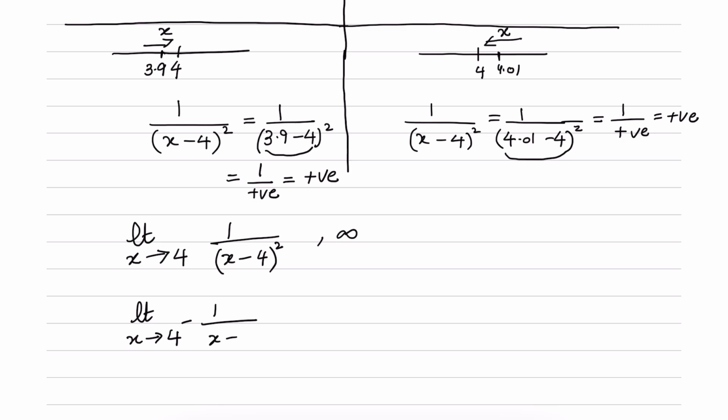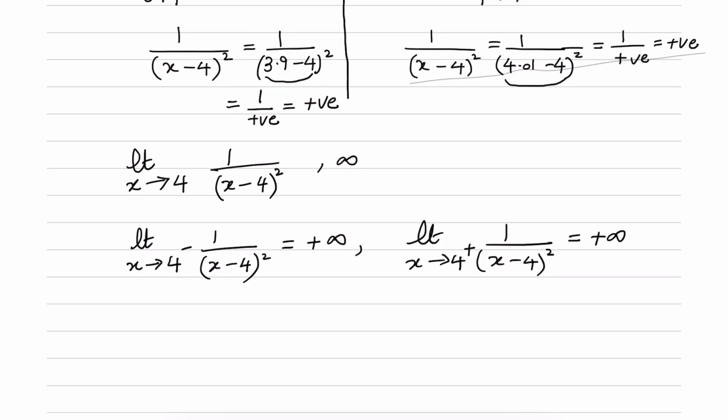When we found the left hand limit, in this case we got the answer plus infinity, and when we found the right hand limit, we got the answer again as plus infinity. Since both the right hand limit and the left hand limit answers are not definite numbers, we will say that the limit here does not exist. In the next videos, you will look at further examples of how to find the limit of a function at the given x.